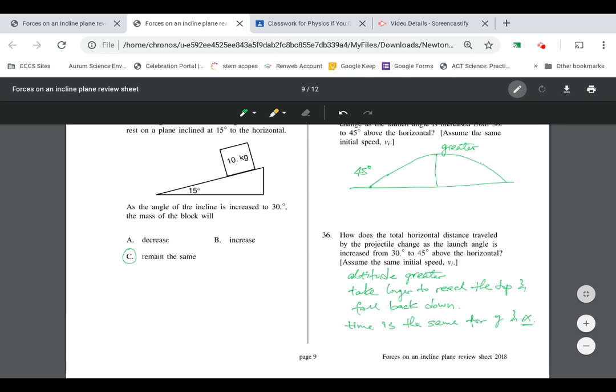X is our horizontal distance, right? So since the time will be longer, distance equals velocity times a longer time, so the distance will be longer.